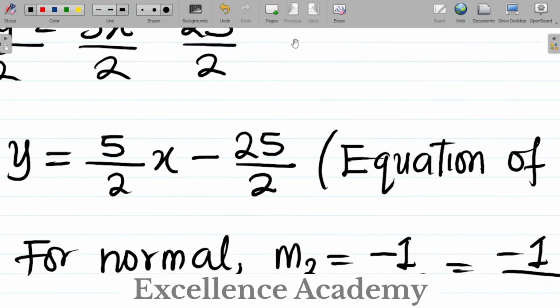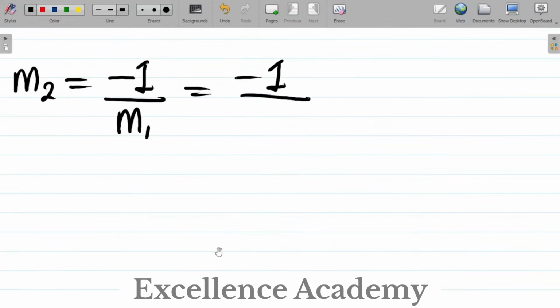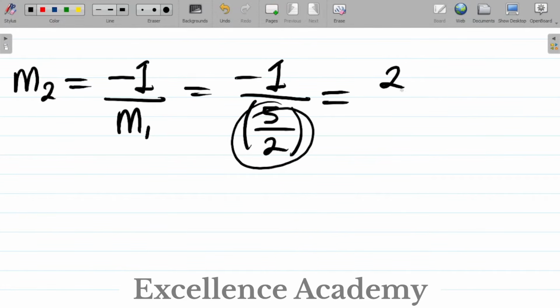So m2 is minus 1 all over 5 over 2. Take this upside down and that becomes 2 over 5. The minus sign remains, so it becomes minus 2 over 5.